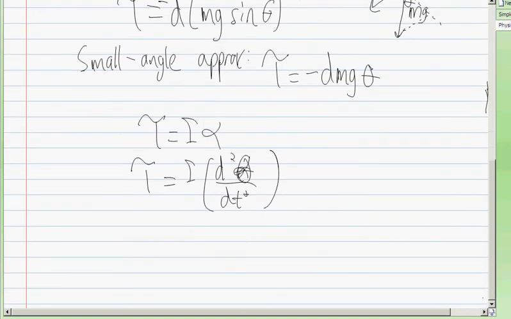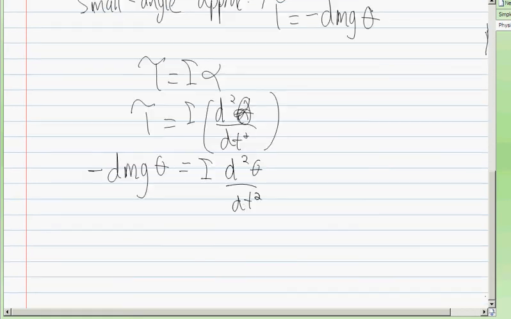Well, that turns out beautifully. I mean, you couldn't do better, because we have now minus d mg theta equals I d squared theta over dt squared.